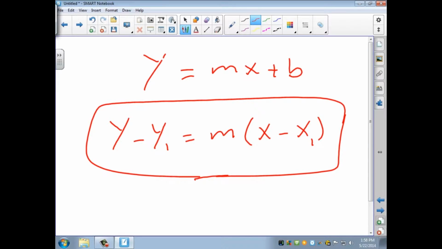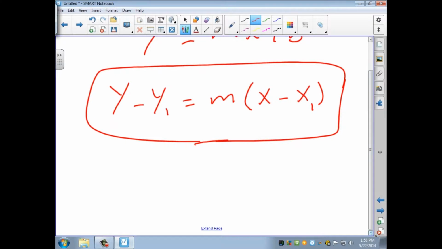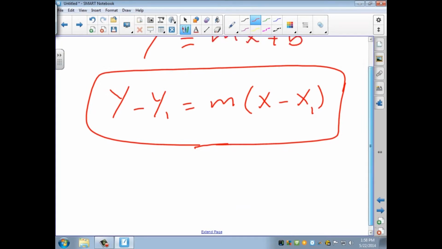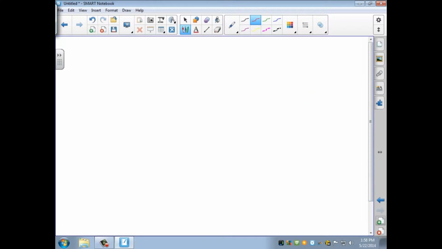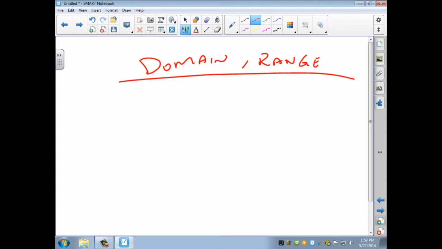Another topic in this chapter, before we get to the problems, is talking about domain of a function and range of a function. Domain has to do with the value of x.